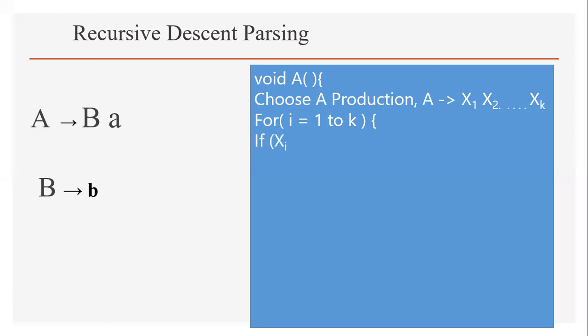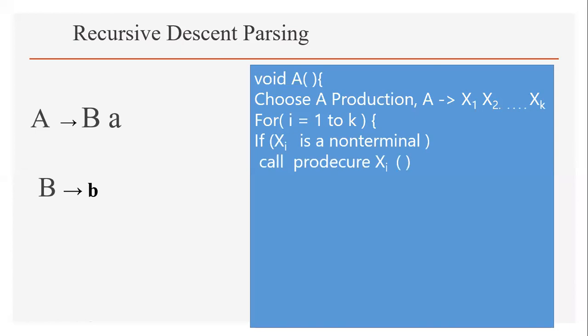Now, if the symbol is a non-terminal, in our example B is a non-terminal, that is, Xi is a non-terminal, then you have to call that procedure.